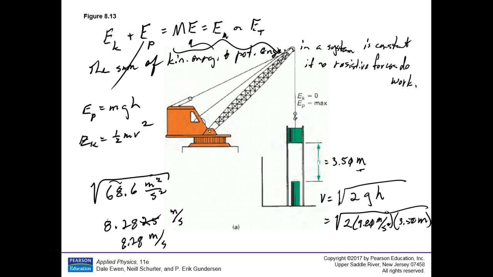Well, they didn't tell us how heavy it was. Doesn't matter. 8.28 meters per second. Good deal. Any questions on that? In the book, there's a way to do it like you just did.